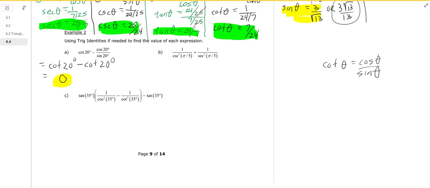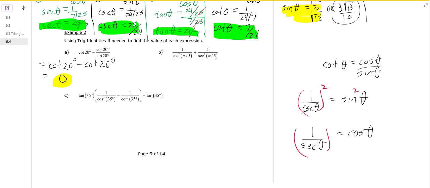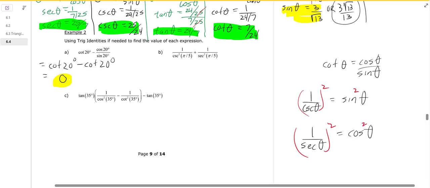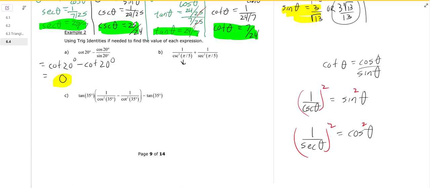The next problem, we know that 1 over the cosecant of theta is equal to the sine theta. We also know 1 over the secant theta is equal to the cosine of theta. You can mathematically work with an identity: you can square both sides of this identity, and then you're going to get something useful. So 1 over cosecant squared is going to be equal to the sine squared of pi over 5.